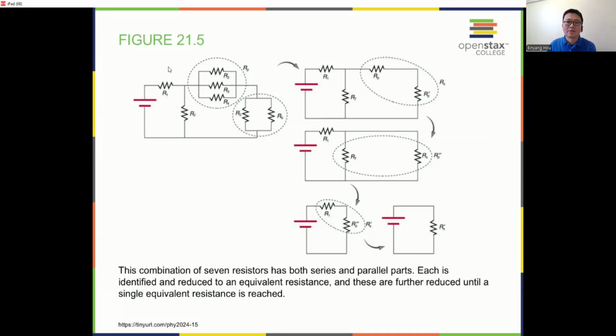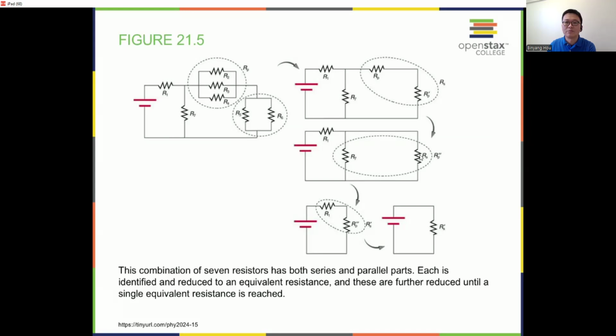So now this circuit becomes this one, with this one representing these two, and this one representing these three. Then these two are now in series with each other, so these two will be replaced by an R sub S. Okay, so then this part becomes just one R sub S here. Now this R sub S and this R1 are in parallel to each other, purely in parallel.